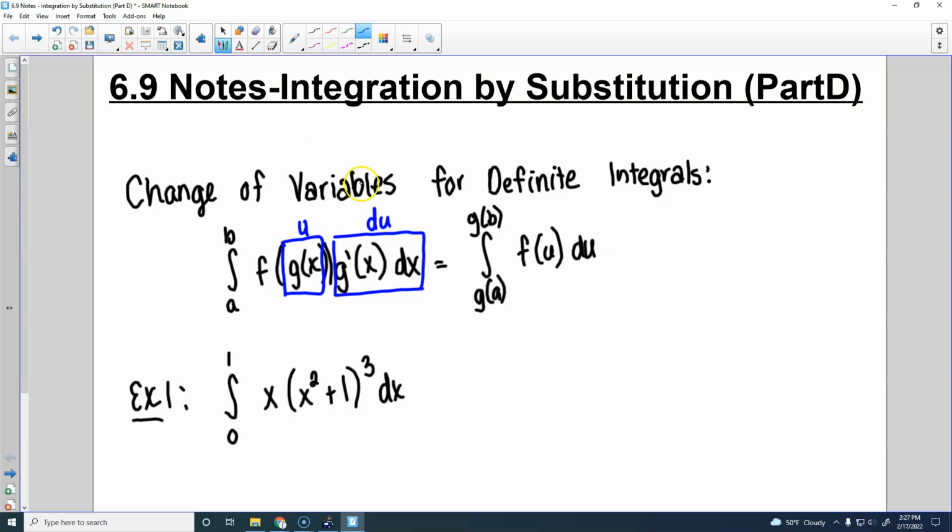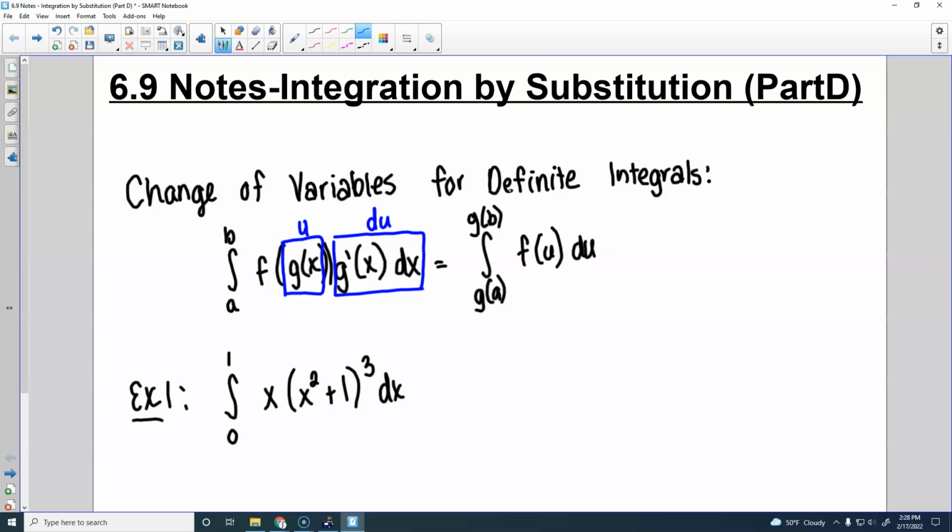So whenever we substitute here and turn our g of x into the u, and our g prime of x dx into the du, in order to not have to ever switch back to x's, we can take our a and our b, whatever numbers those are, and plug them into our u formula. So g of a and g of b. That'll make more sense once we do a problem. It's pretty simple when we do a problem. And then, once we do that, we don't ever have to go back to the x's.